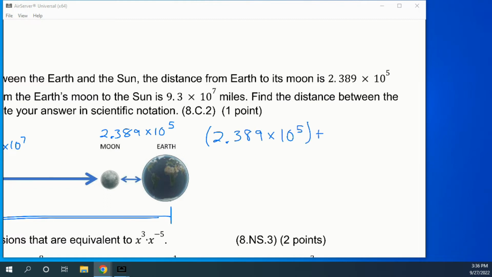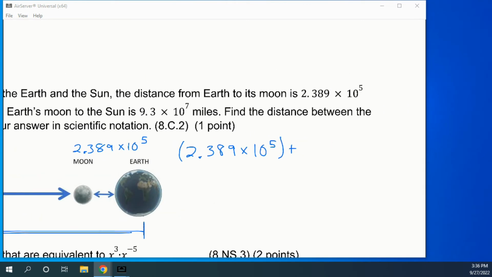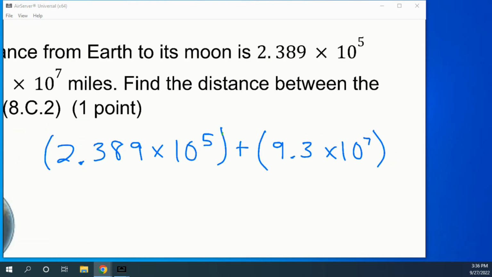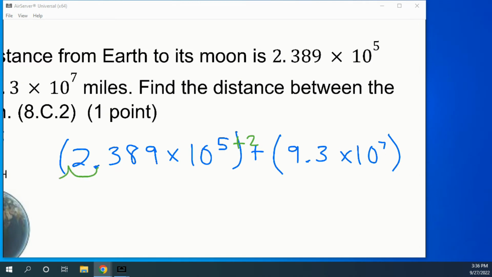And I'm going to add that to the Earth's moon to the sun, which is 9.3 times 10 to the seventh power. Just like we've done in past addition problems here, I'm going to increase this 5 by 2, which means I have to decrease my decimal by 2.